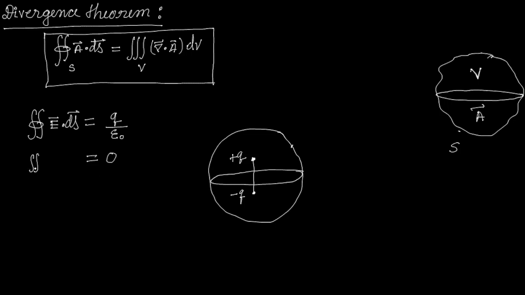So again, from the surface integral, what can we say? We can say that the surface integral is 0 because the total enclosed charge is 0. That is one guess. Another guess, we can say this electric field is 0 everywhere on the surface. Or we can say the electric field is everywhere perpendicular to the surface.